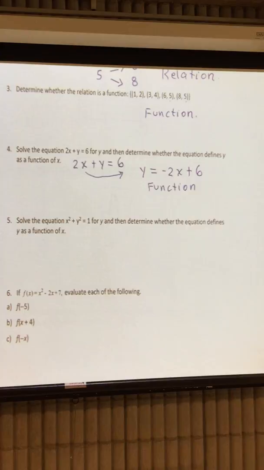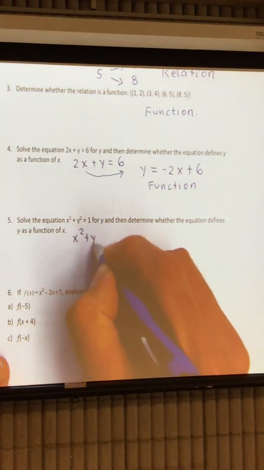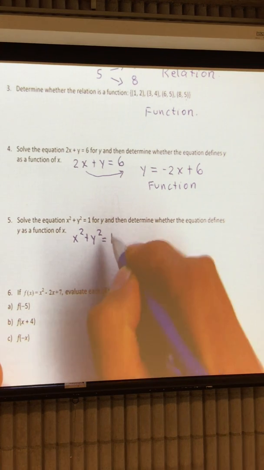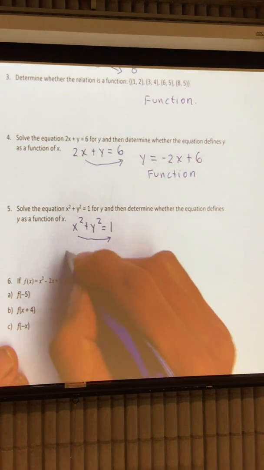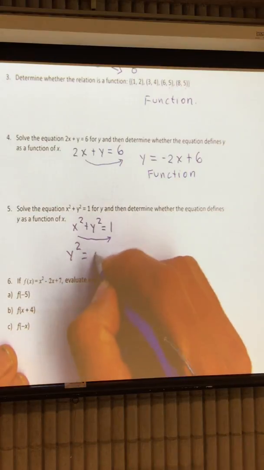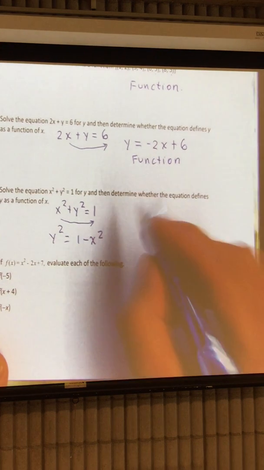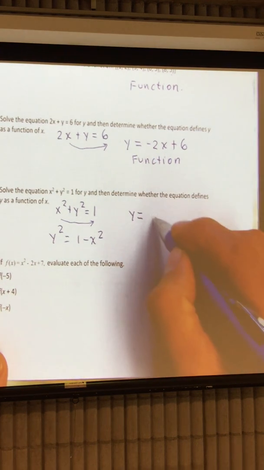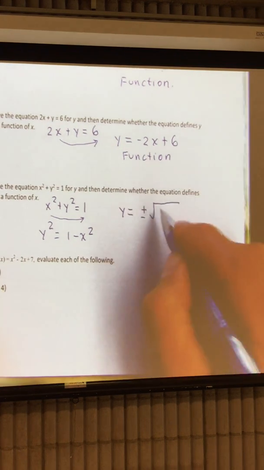Problem 5. Same directions as problem 4. So we'll take the given equation and attempt to isolate the y value. First, we'll subtract x squared from both sides, giving us y squared equals 1 minus x squared. And then taking the square root of both sides always gives us plus or minus in front of the square root.